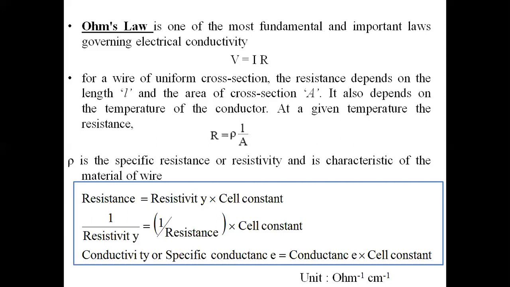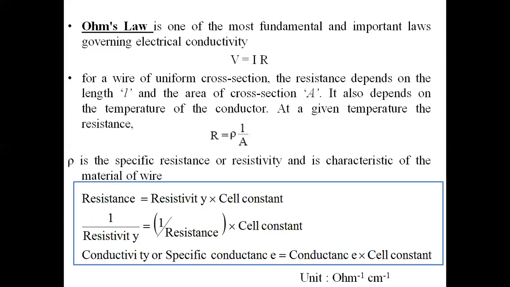Rearranging this equation, we get resistance is equal to resistivity into cell constant, that is L by A, the length by area of cross section. That factor is known as the cell constant. Or rearranging that equation, 1 by resistivity is equal to 1 by resistance into cell constant. What is 1 by resistivity?